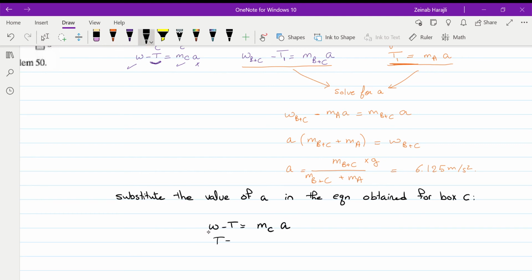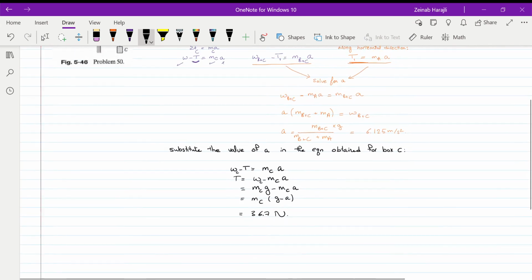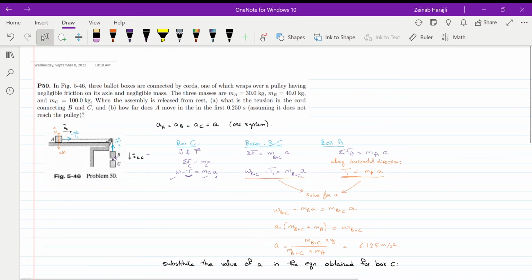So we will get that the tension is W of C minus mC a, which gives us mC times (g minus a). If we solve this, we're going to get a value of 36.7 newtons. This is the tension between the two boxes B and C.